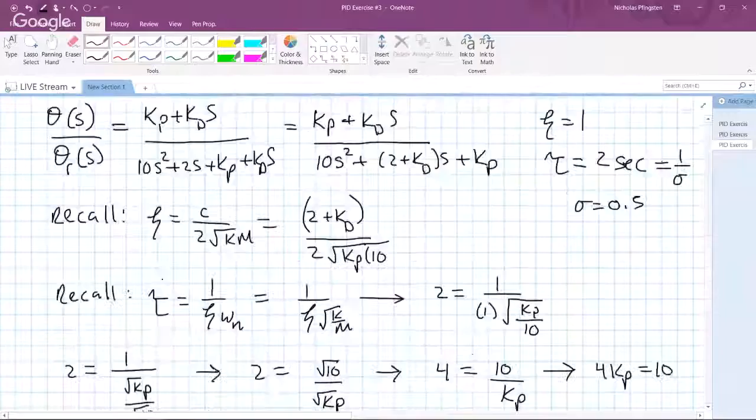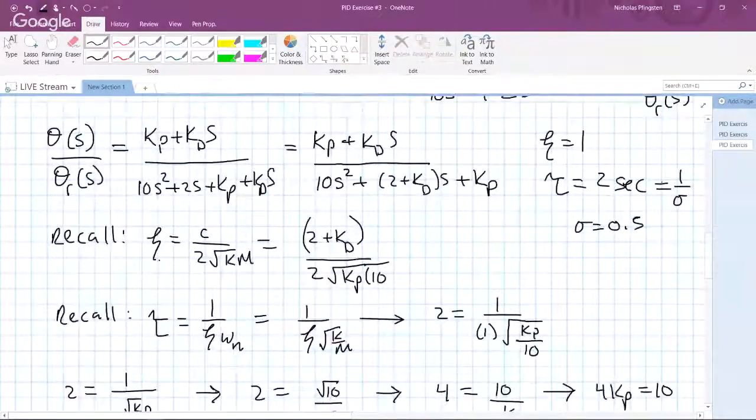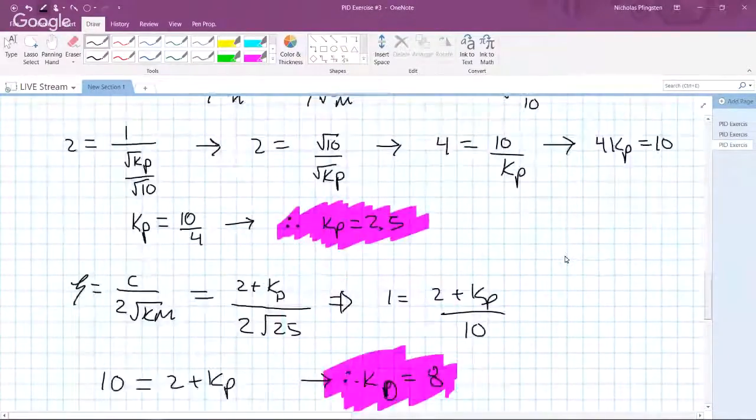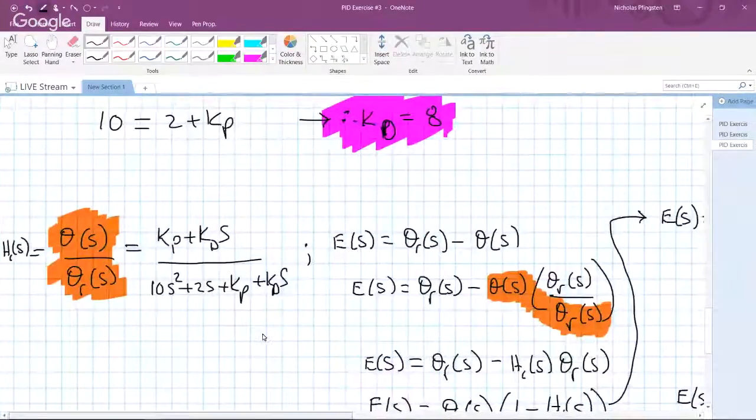That doesn't make much sense, does it? So this is KD. It's a mistake on my part. I'm tired. Okay. So what I wrote, though, is correct.